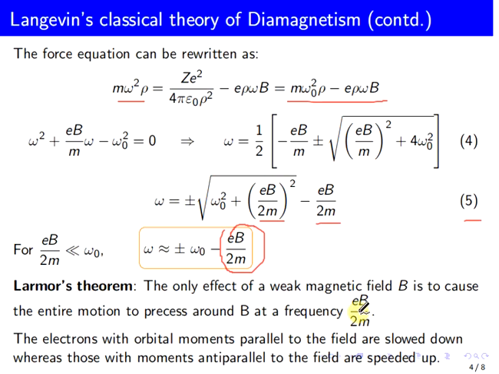So that is the effect of an applied field. It will cause a frequency change which reduces the frequency by EB by 2m. The electrons with orbital moments parallel to the field will be slowed down, whereas those with moments anti-parallel to the field will be speeded up.